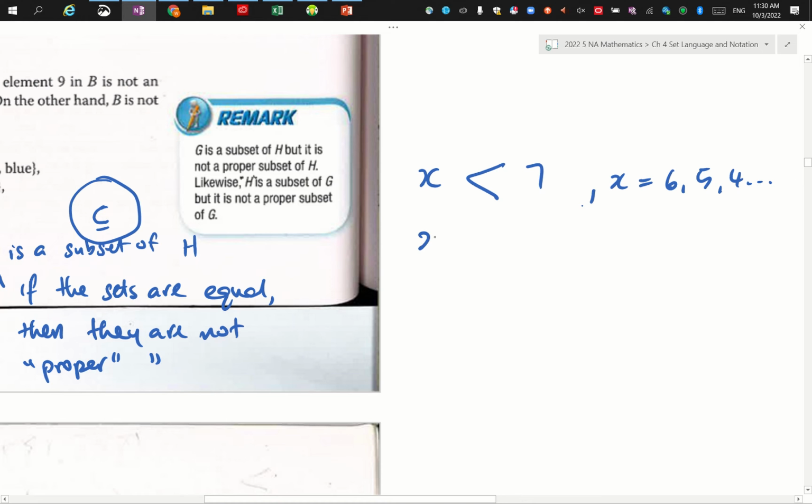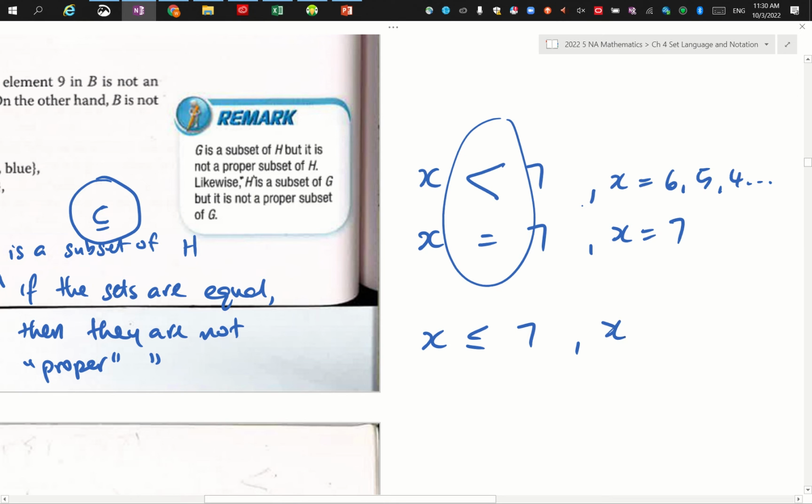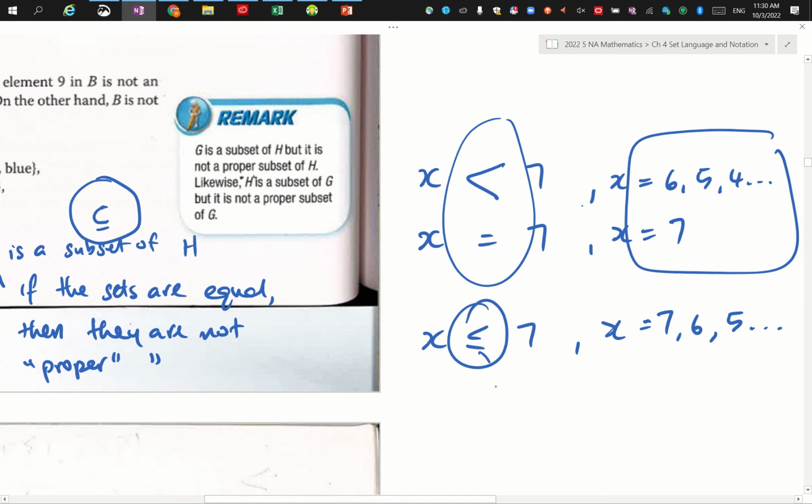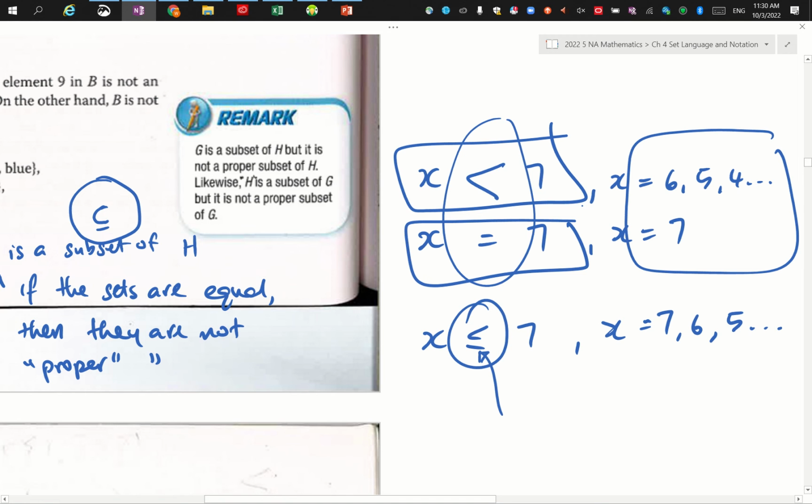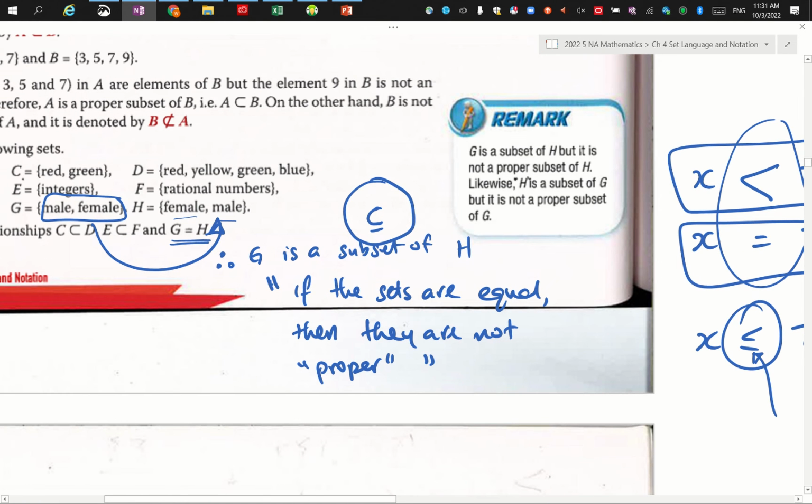And then when I say x is equal to 7, I've got x equal to 7. But when I combine x less than or equal to 7, then I'm taking all these results, 7, 6, 5, and so on, right? So this symbol over here, with that little extra line at the bottom, it just means we are combining an equal case with the inequality case. We're combining the results.